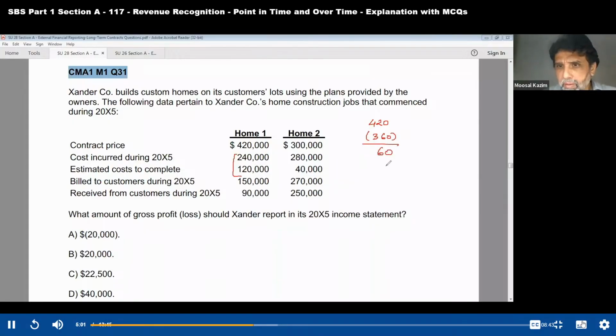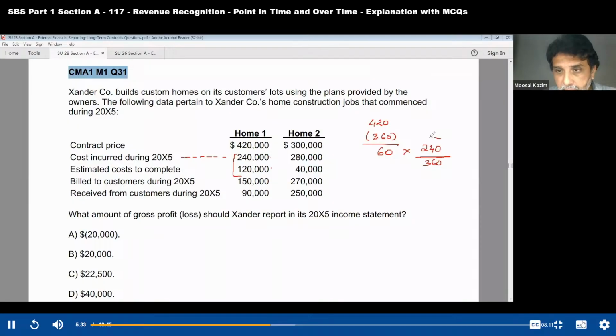But we cannot recognize this whole thing because the project is not complete. So how do we recognize? Cost to cost method. Multiply this by how much cost has been incurred up to date, which is 240, divided by the total cost. Now the total cost would include 240 plus the estimated cost in future to complete. So 240 plus 120, which is 360.